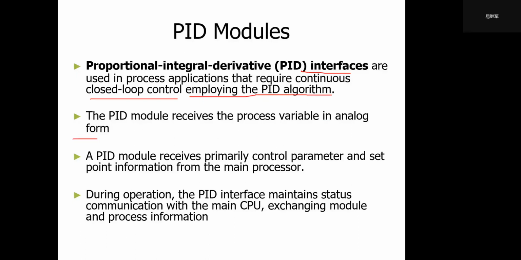It receives primary control parameters and set point information from the main processor. During operation, the PID interface maintains status communication with the main CPU, exchanging module and process information.